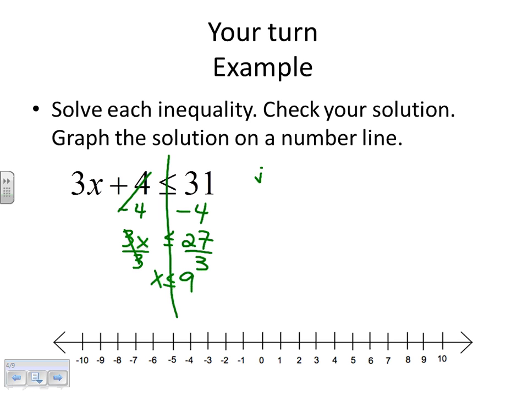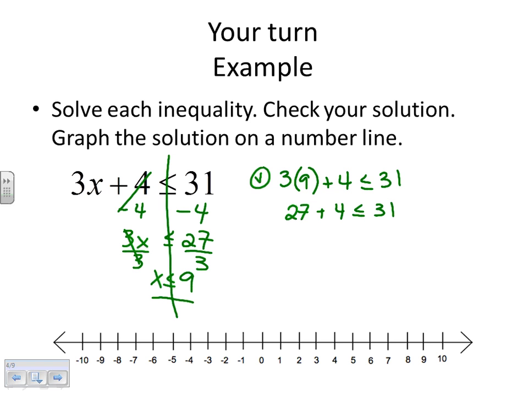Okay, and we can check it. And your check might be a little bit different just because you could choose different numbers here, but you either need to choose a number less than 9 or equal to 9. So I'm going to choose actually 9. 3 times 9 plus 4 is less than or equal to 31. 27 plus 4 is less than or equal to 31.